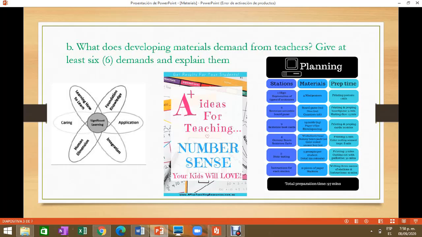We see students who are eager to learn and who communicate, and our teachers should always make materials that promote mindful learning, with pleasure and motivation.